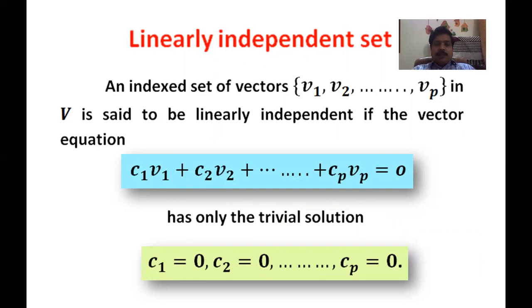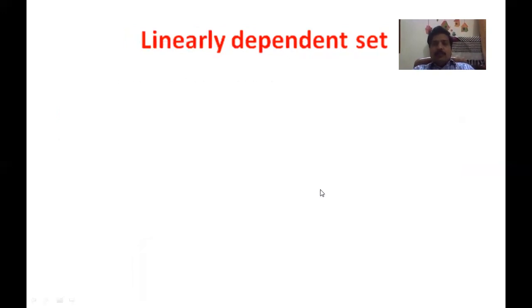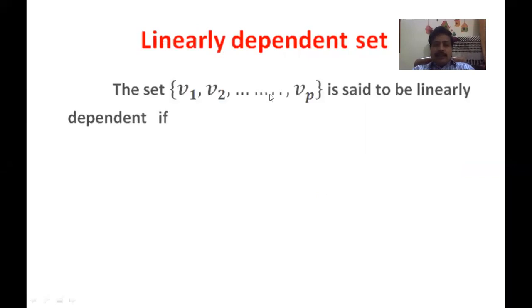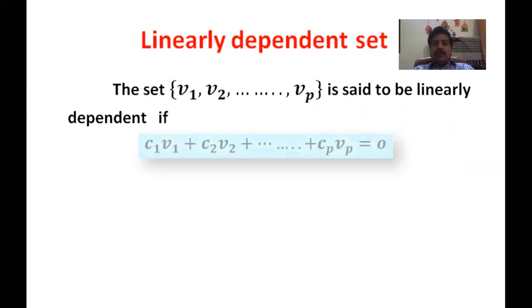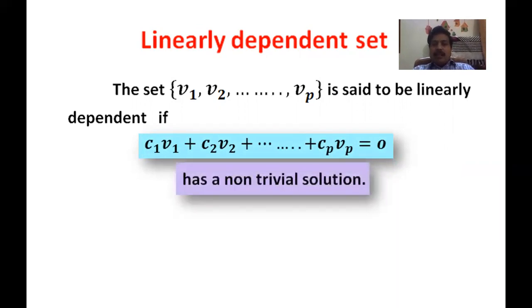So a set v1, v2 and so on vp of a vector space V is said to be linearly independent if this relation has only the zero solution. There is no other solution other than 0. And the set v1, v2 and so on vp is said to be linearly dependent if the vector equation c1 v1 plus c2 v2 and so on cp vp is equal to 0 has a non-trivial solution.